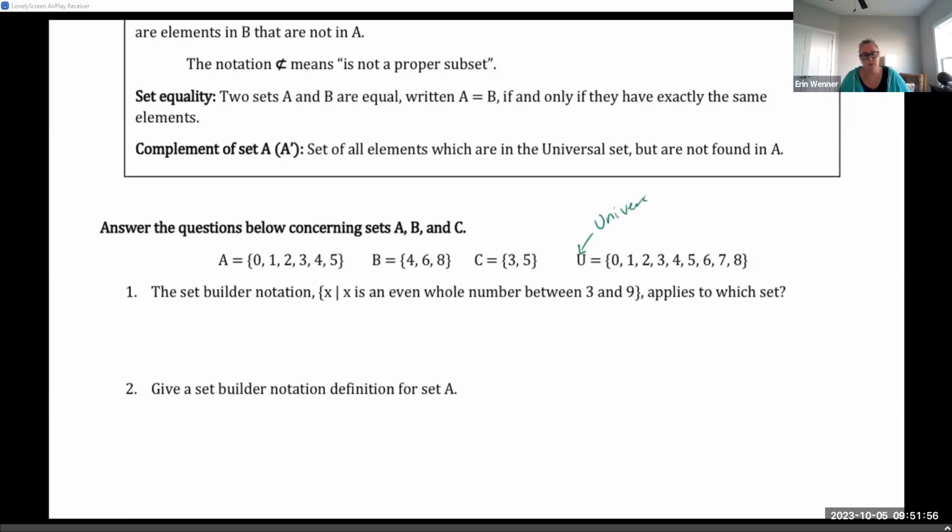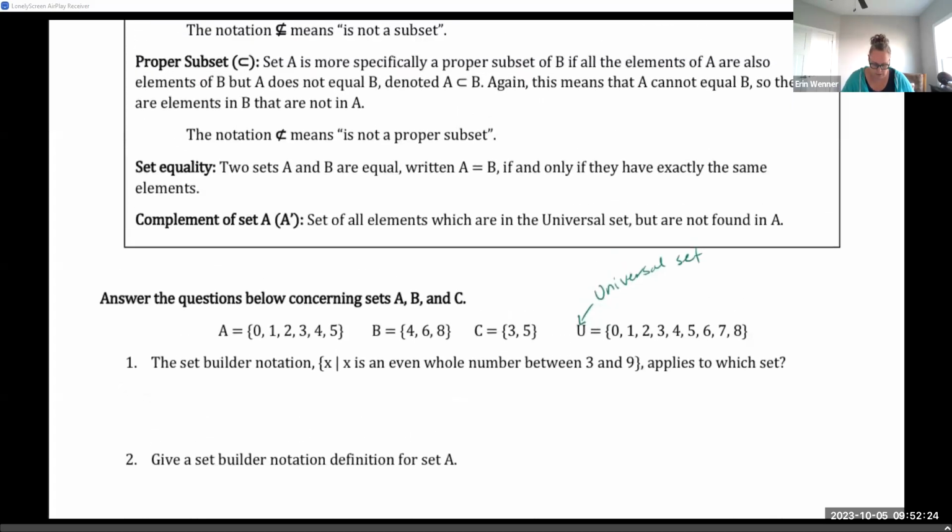When we talk about the universal set, it establishes the world that we're dealing with. So it's saying that here is the group of numbers we want to talk about. We can divide those groups up into subsets, which are set A, B, and C. So set A, B, and C are all subsets of the universal set, okay?